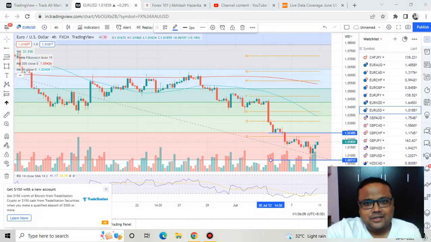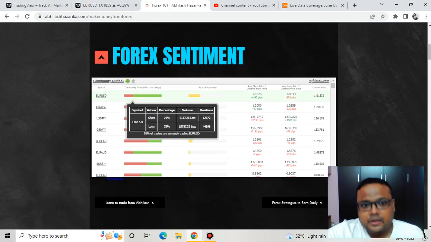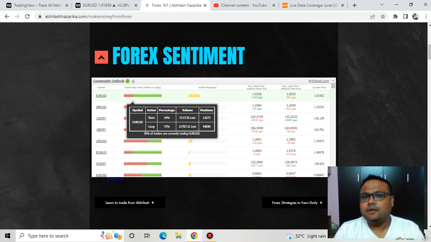So let's try to understand the levels first, but before that I would like to take you to the forex sentiment meter. My dear friend, this is the forex sentiment meter. It tells us about the position of the retail traders, and as you can see, 75% of retail traders have taken a buy position. They are on the long side, and only 24% of retail traders have taken a sell position.